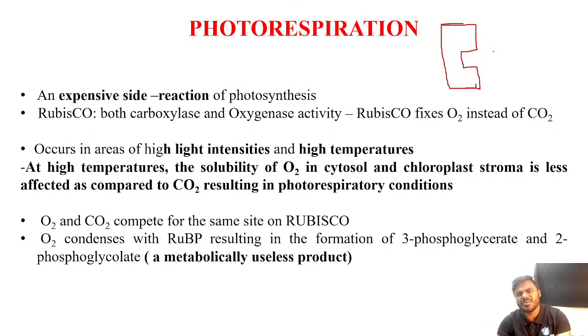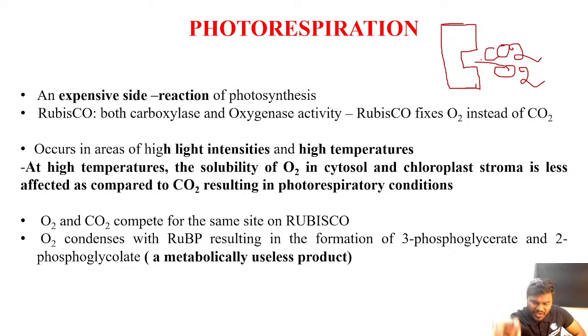Carbon dioxide competes for this active site, and oxygen also competes. Whichever associates with the active site, Rubisco fixes that. You should not think that Rubisco has two different active sites so it can fix carbon dioxide and oxygen at a time. That's wrong. Whichever is more available competes for the active site, and Rubisco fixes that.